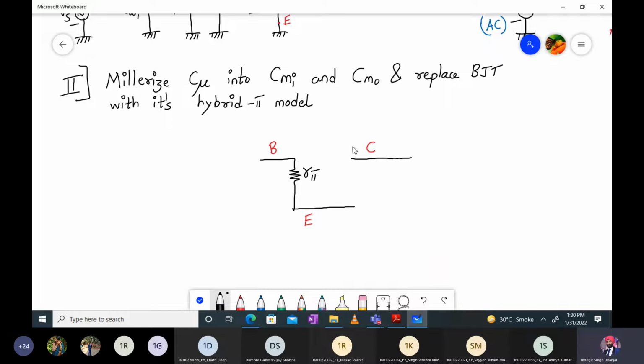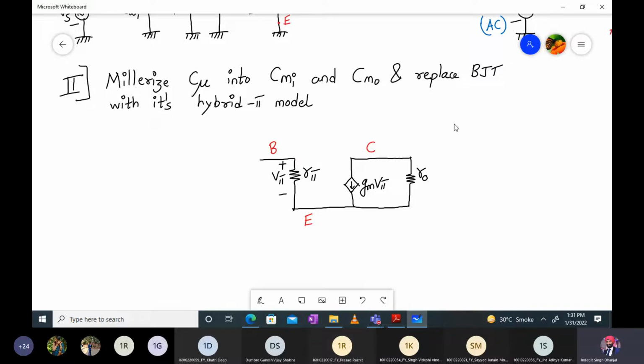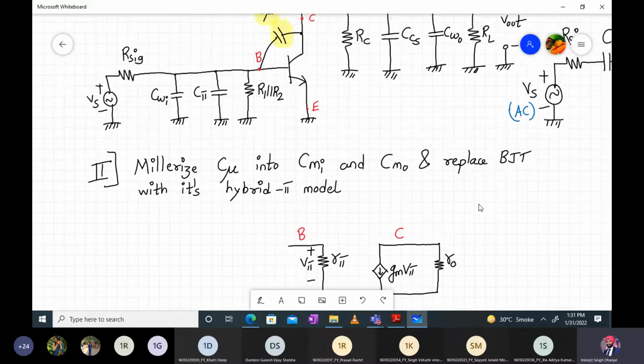Here I will have a voltage controlled current source, which is GM into V pi. And I also have my output resistance of the BJT, and I mark it as RO. This is V pi. So this is my hybrid PI model of the BJT.